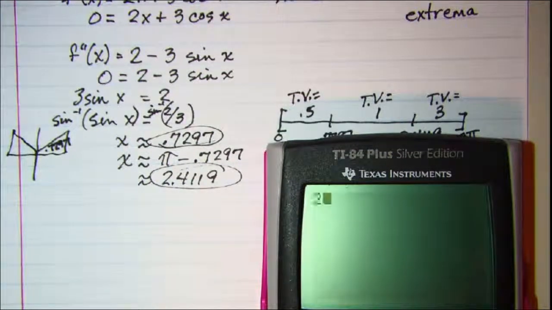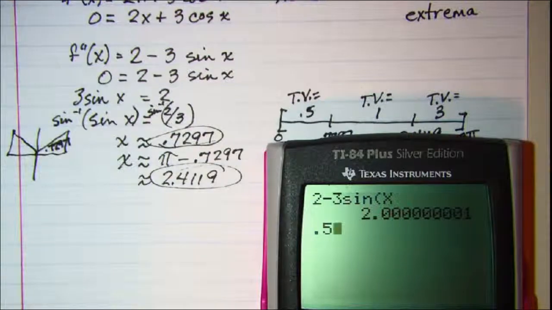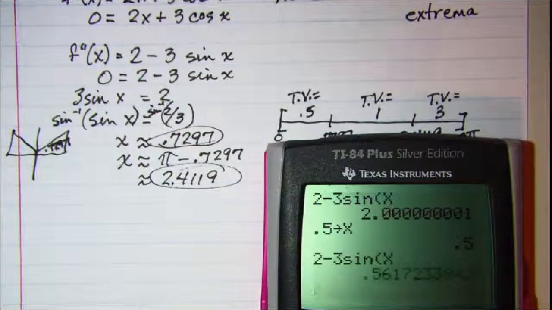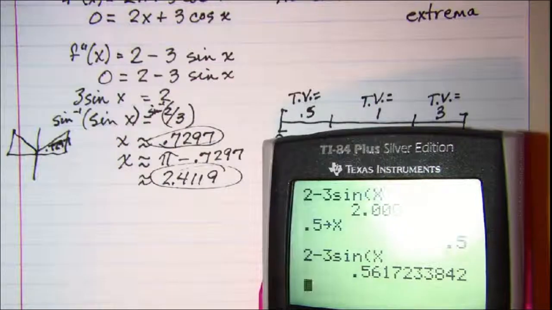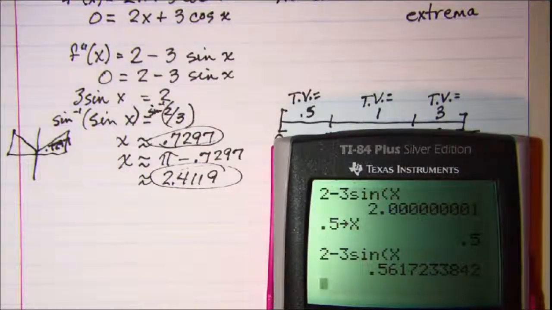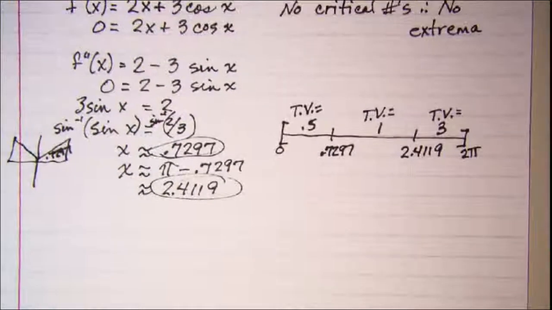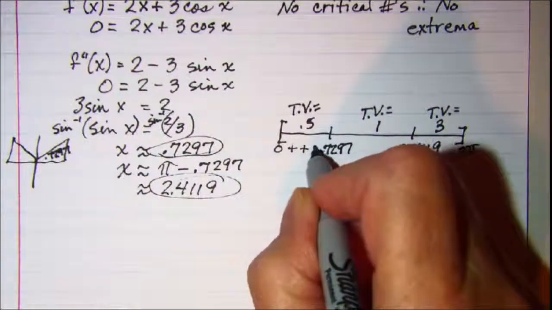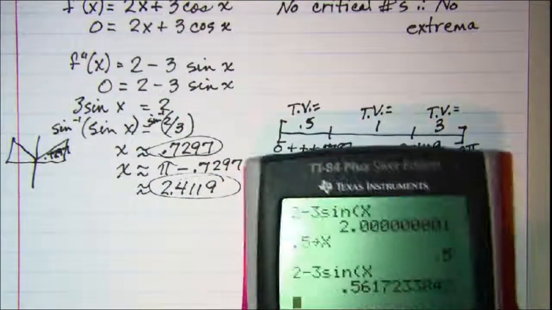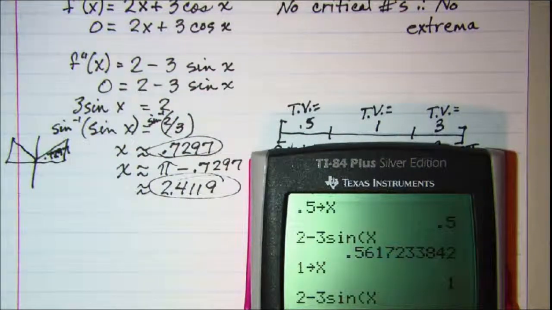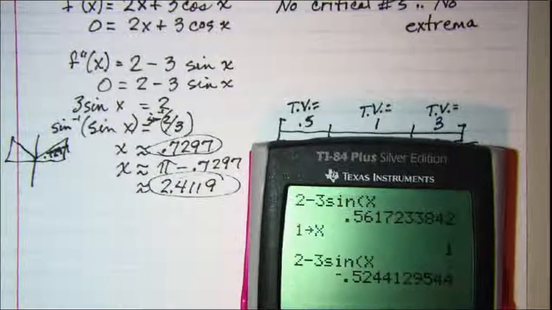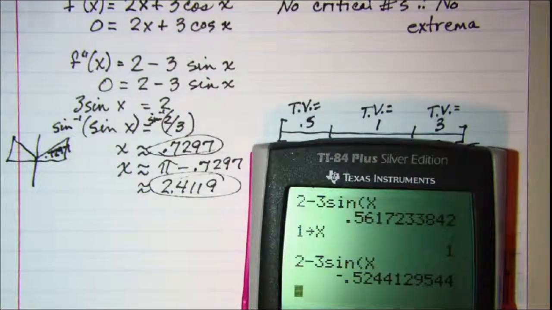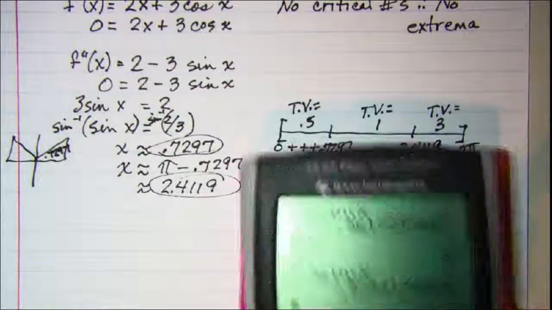I have 2 minus 3 sine x, and I'll want to put 0.5 in, so 0.5 store x, and it looks like I get 0.5617. So this is positive in this interval. Now if we store 1, we get a second derivative that's negative, negative 0.5244.